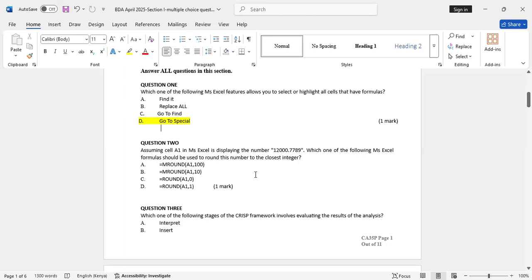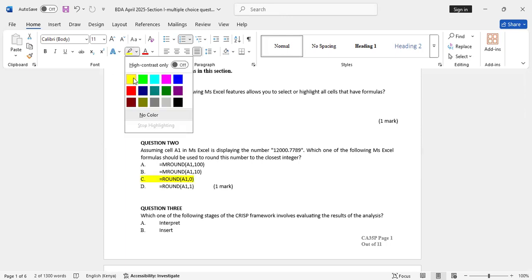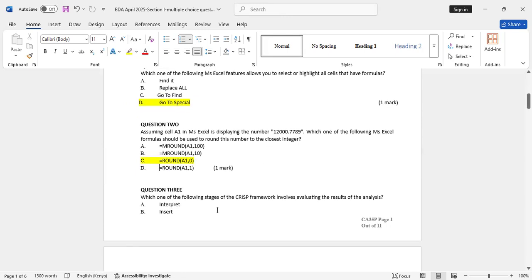So the correct answer is C. You say equals ROUND(A1, 0). So it will round this number to the nearest integer. So the closest integer when you use equals ROUND(A1, 0). The correct answer here was C.